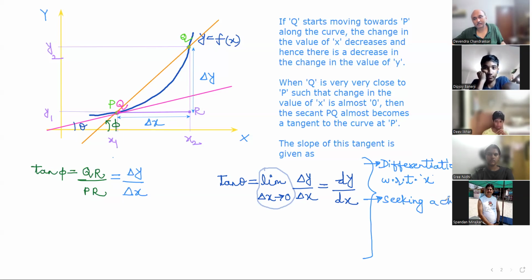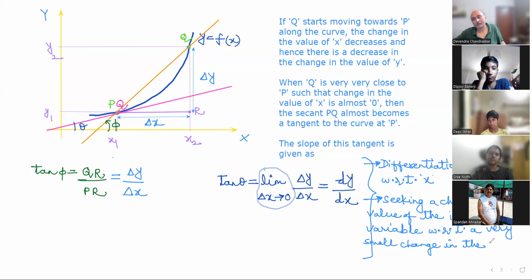Seeking a change in the value of the dependent variable with respect to a very small change in the value of the independent variable.